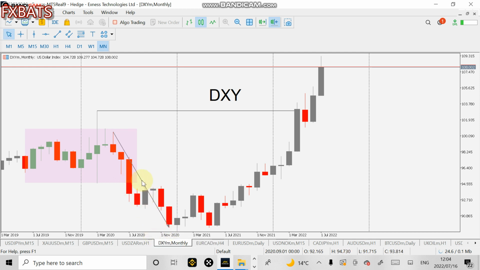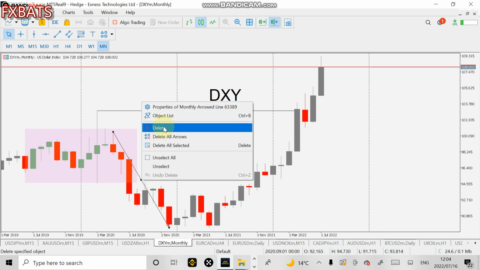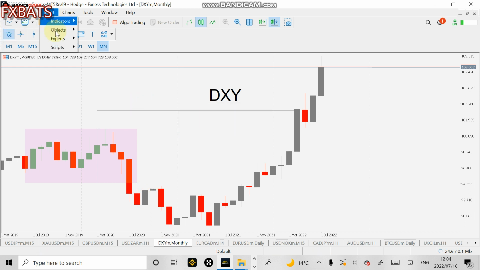Then we came to see another phase whereby we experience some kind of accumulation. Accumulation is the opposite of distribution, but it's literally the same thing. Institutions here keep accumulating orders from both sides, from buyers and sellers.